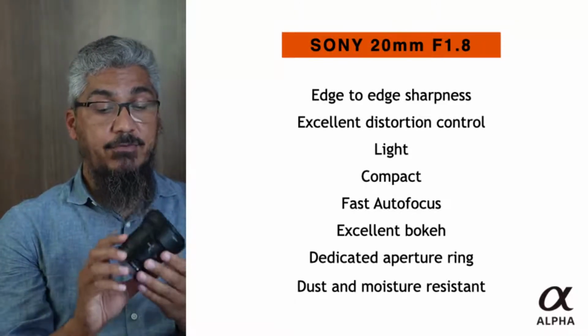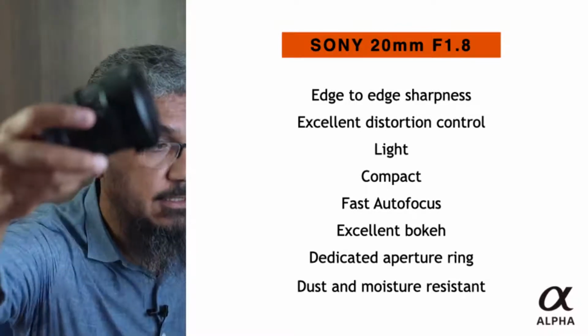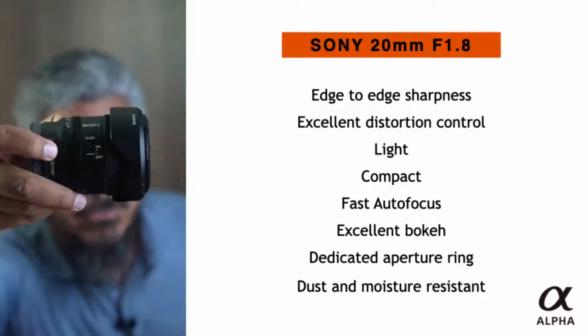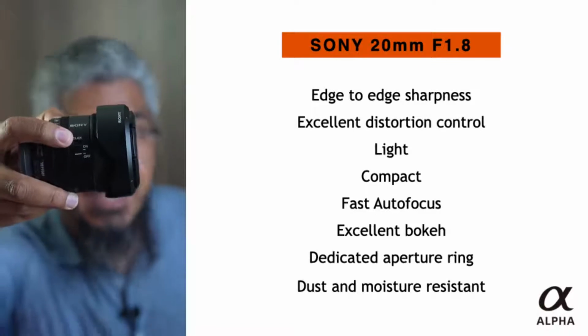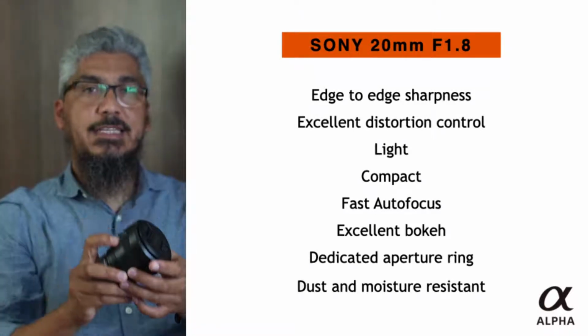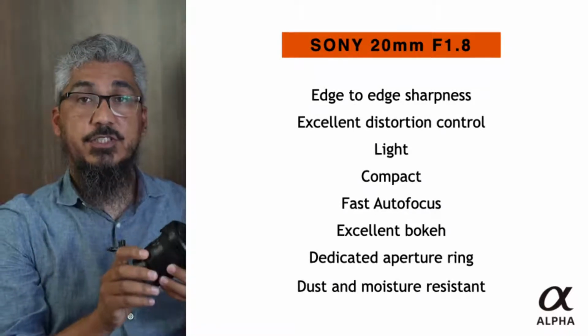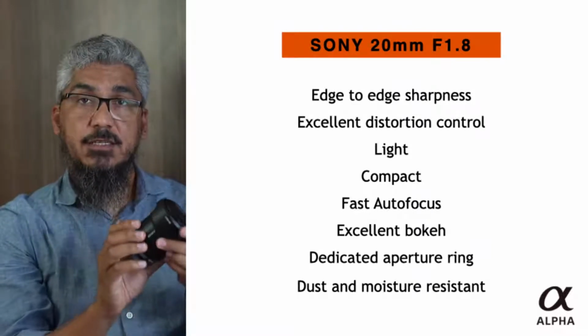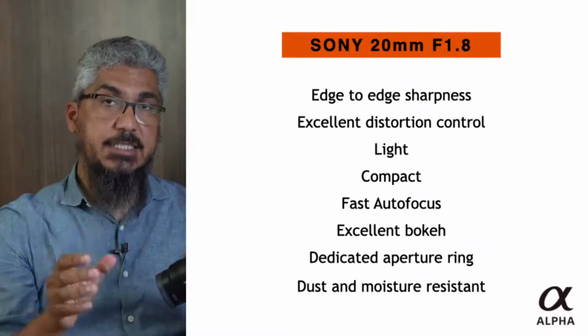It does have a de-click switch. There's a little, let's hope this can focus on there. Yeah, it's got a little de-click switch. What that does is, if the de-click switch is off, your aperture ring turns very smoothly. So it's excellent for video.